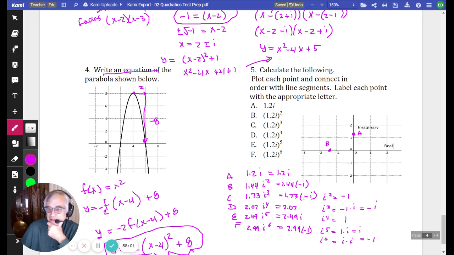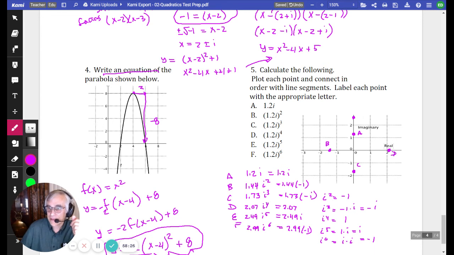C is 1.73 times -i. So that's 1.73 right about there on the negative imaginary axis. So there's C. D is 2.07 on the real axis. That's right about there, positive 2.07. E is about 2.5 on the imaginary axis. So that's going to be about there.